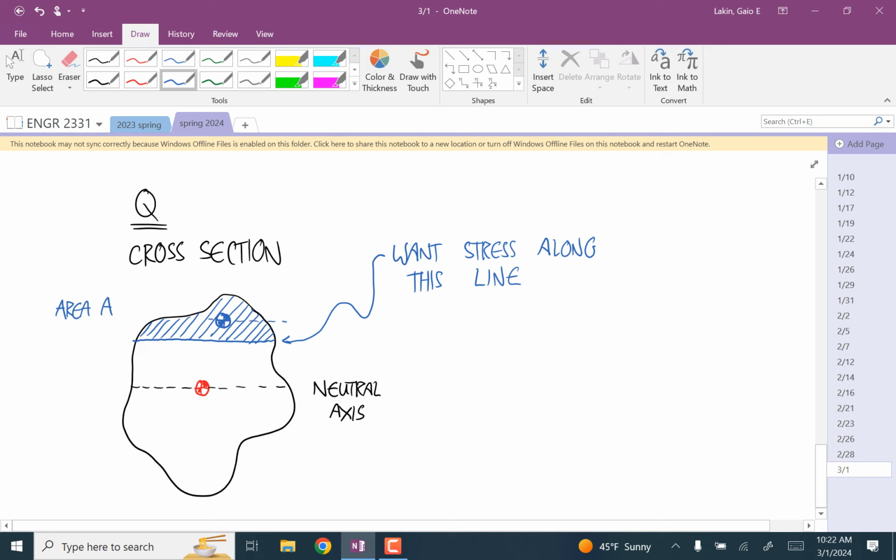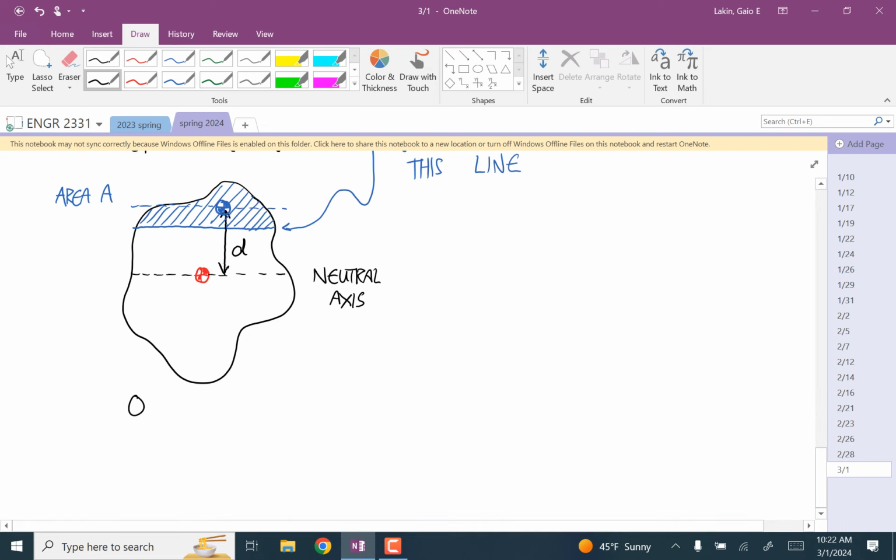And again, we're only worried about height, so we don't care about where it is horizontally. Calculate the distance d from the neutral axis to the height of this line, so I'll call this d. And then Q is equal to that area times that distance.